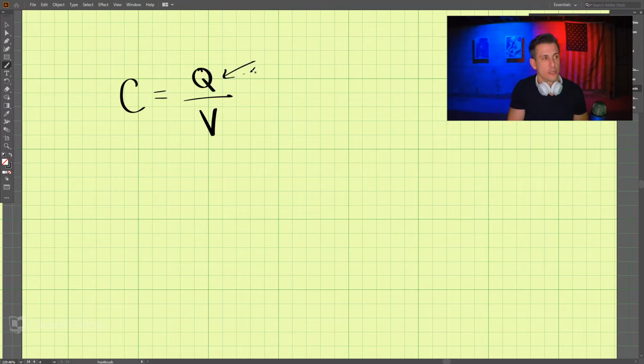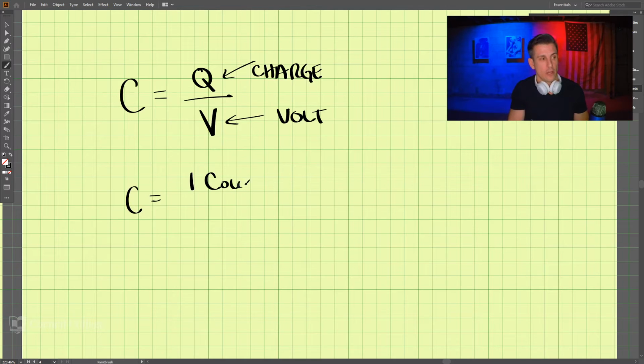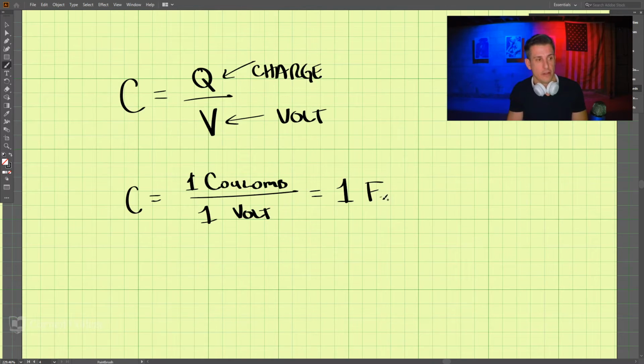So if we have the capacitance equal to 1 coulomb per 1 volt, that is equal to 1 farad. And that is our capacitance.